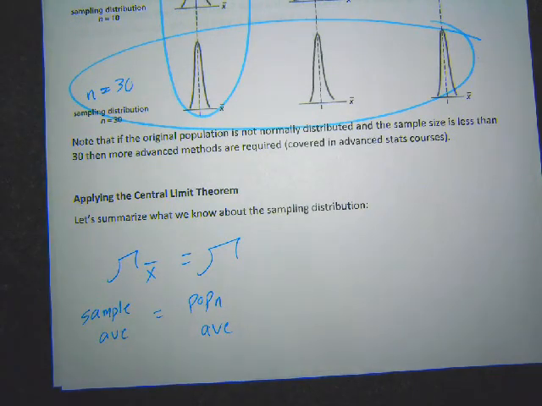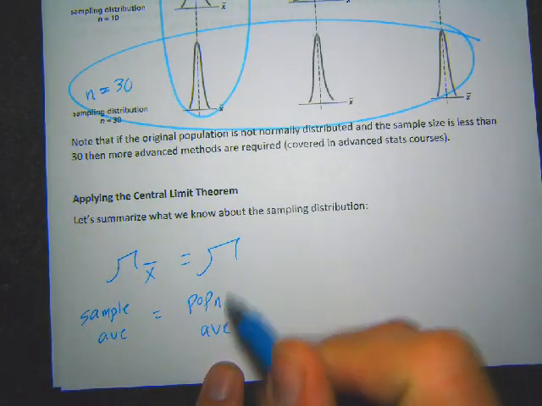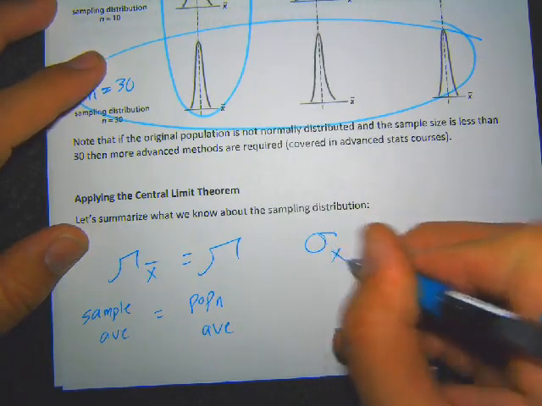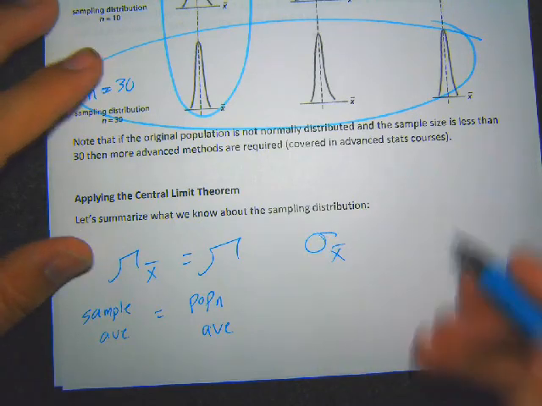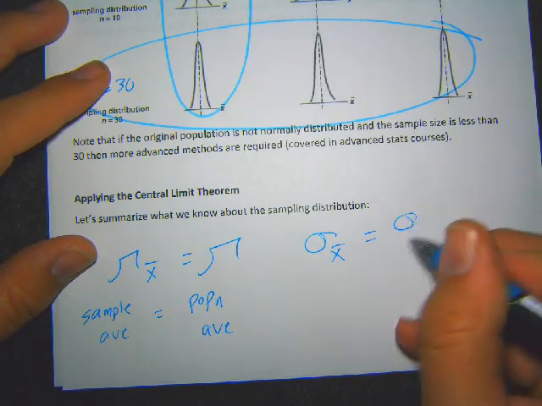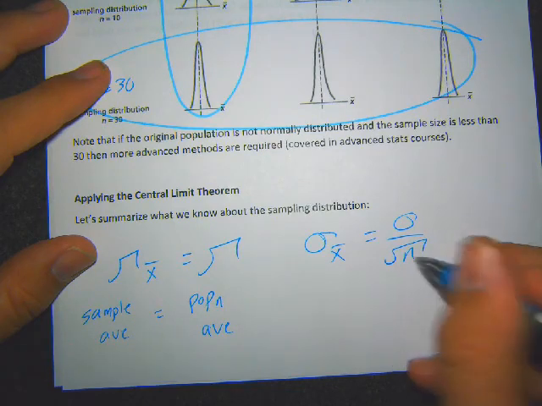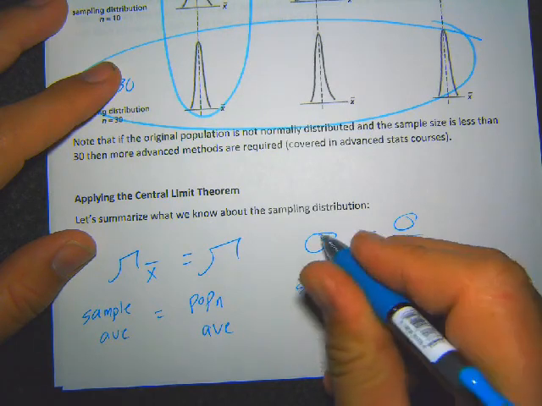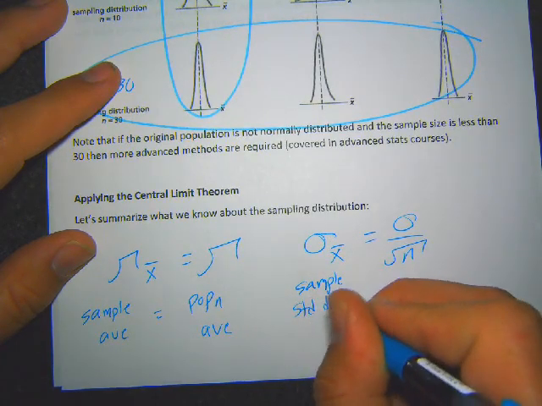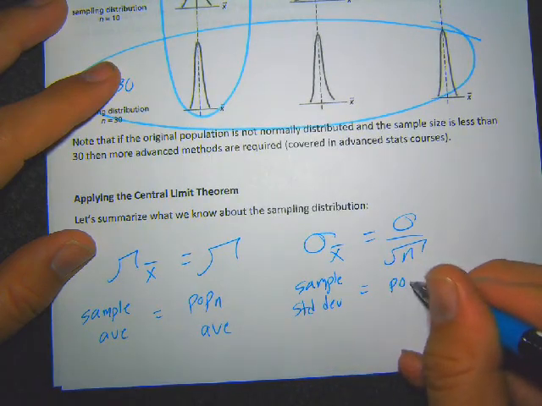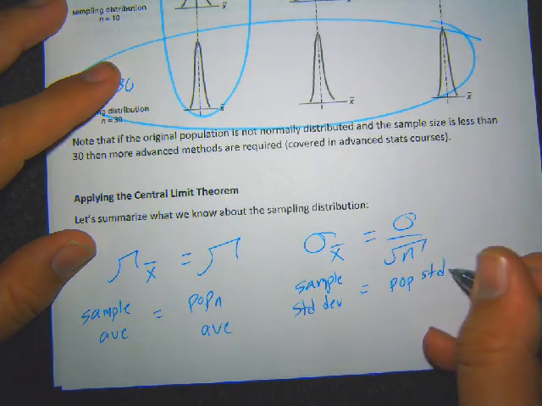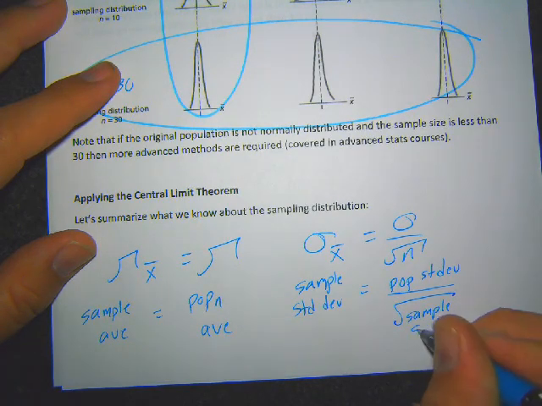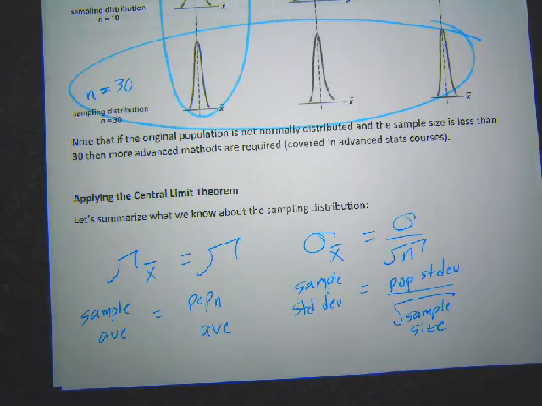And the standard deviation for all the sample means is equal to the population standard deviation divided by the square root of n, where n is the sample size. That's what that's telling us.